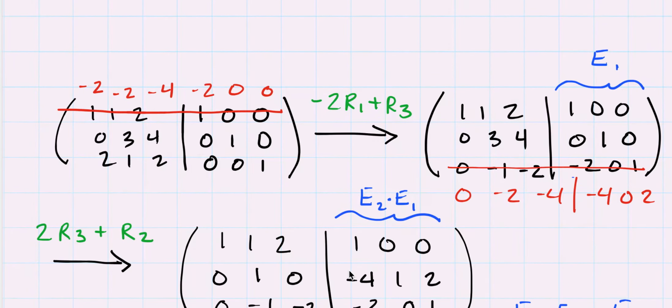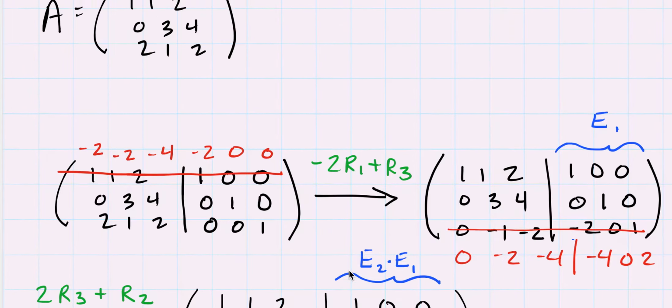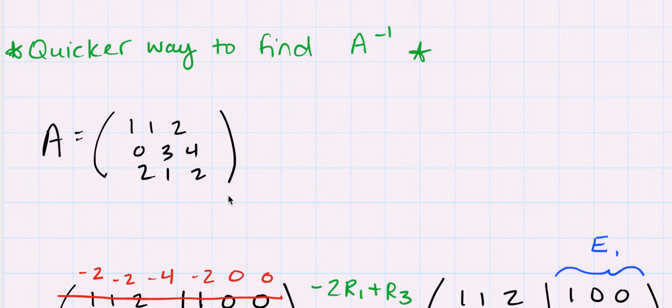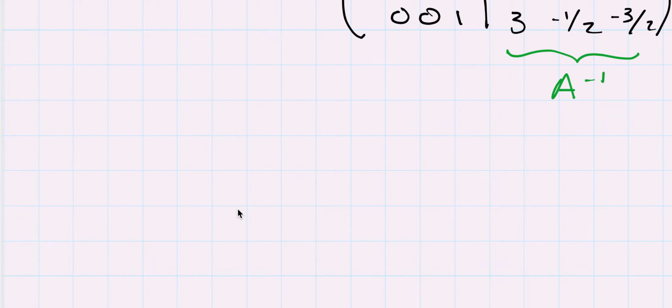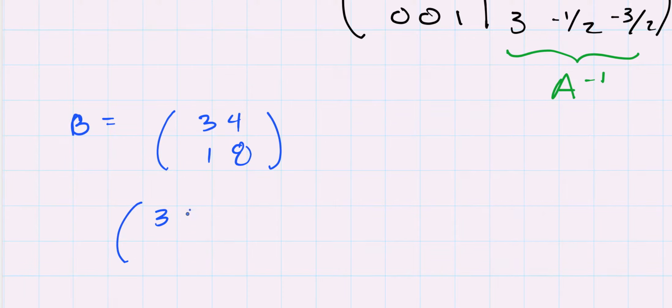Now I do want to mention that if you have a bigger matrix or a smaller matrix that you want to find the inverse, let's say for example, you want to find the inverse of B, where B is a 2 by 2 matrix. Let's say it's 3, 4, 1, 8. Then you're going to put 3, 4, 1, 8 here, and then 1, 0, 0, 1. You put the identity matrix that corresponds to this size. So this is a 2 by 2 matrix, so you're going to put a 2 by 2 identity matrix.